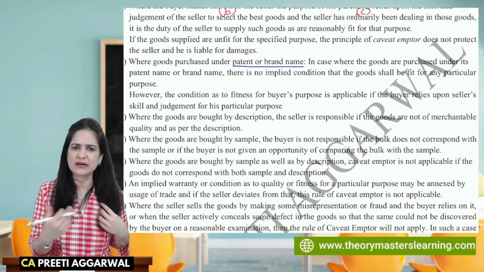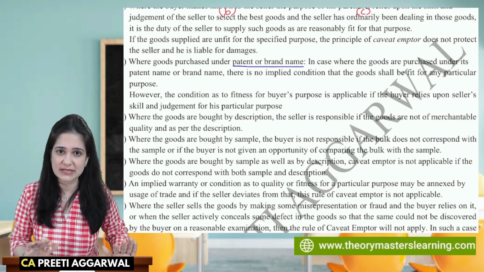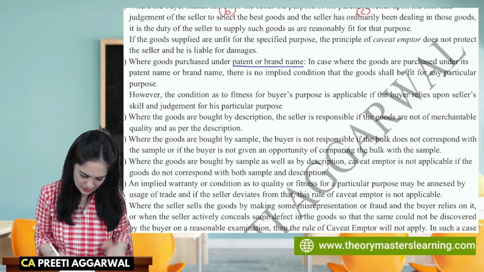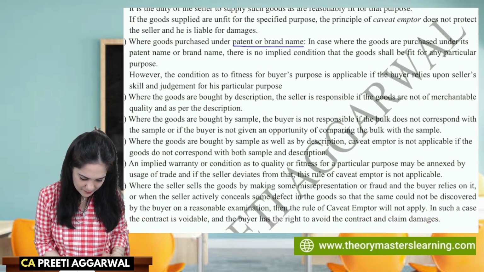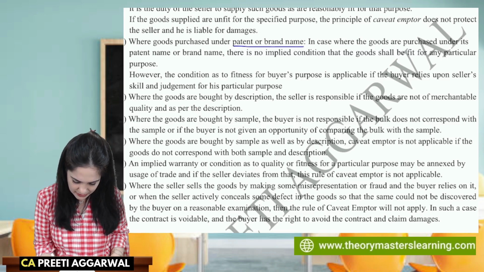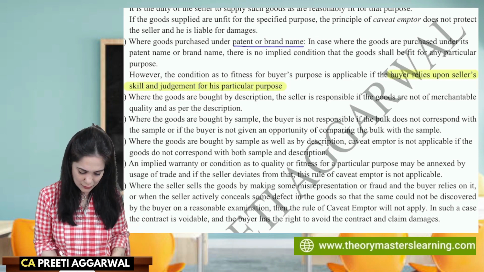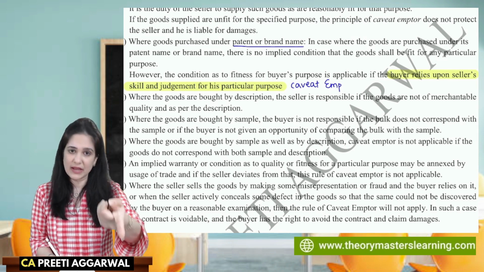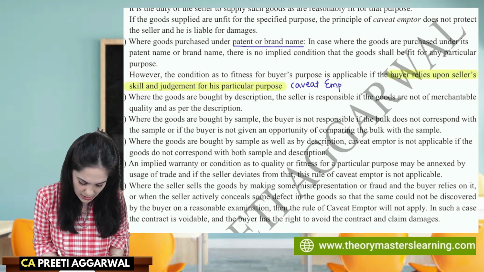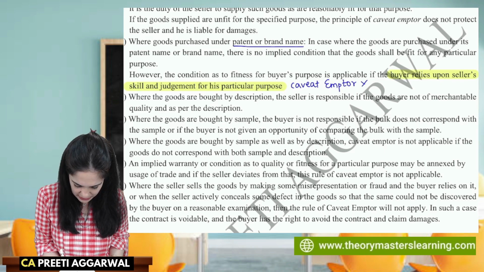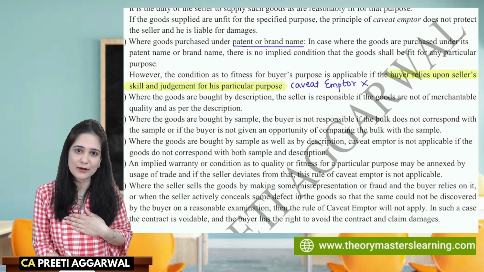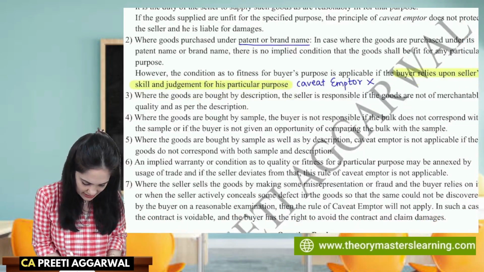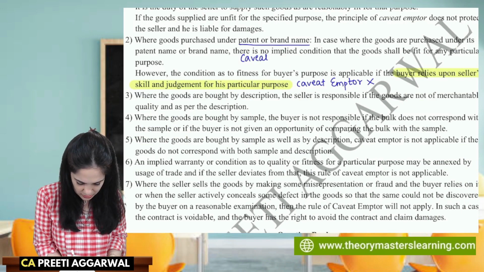In this case, the buyer will be responsible because he buys it under brand name. However, the condition is applicable if the buyer relies upon the seller's skill and judgment. In that case, the rule of caveat emptor will not apply. We can hold the seller liable because we relied upon his skill and his suggestion to buy Bonvita. Whereas if we rely on the brand name, in this case the rule of caveat emptor applies.